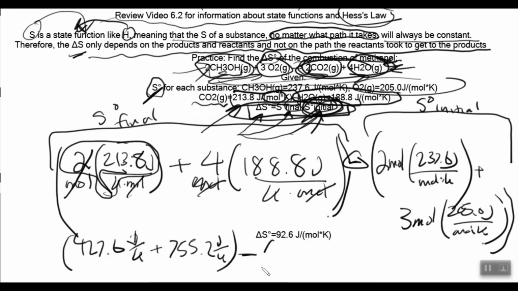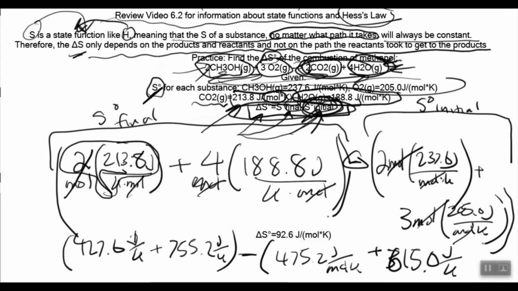And we're going to subtract that by 2 times 237.6 for 475.2 joules per Kelvin plus 3 times 205.0. So I'm actually not going to write 3. I'm just going to write the answer, 615.0 joules per Kelvin.